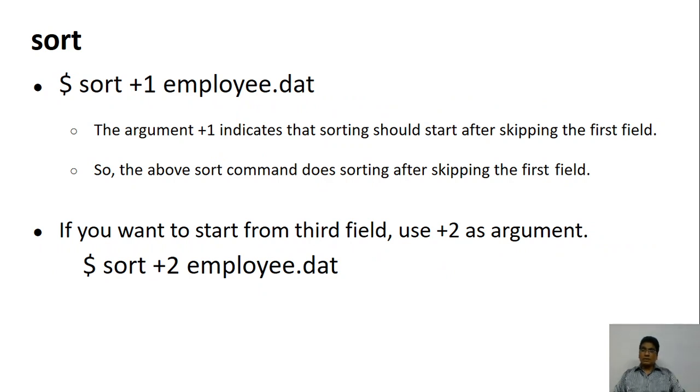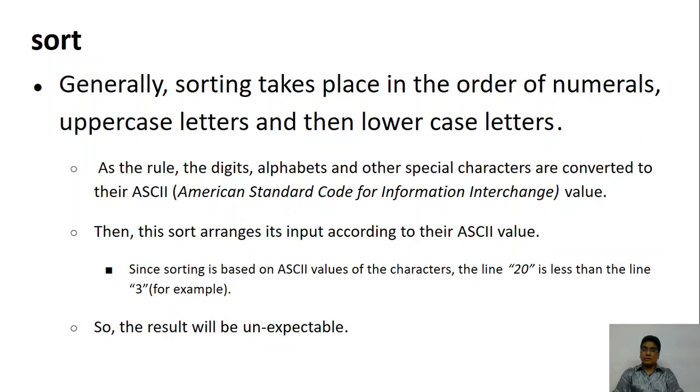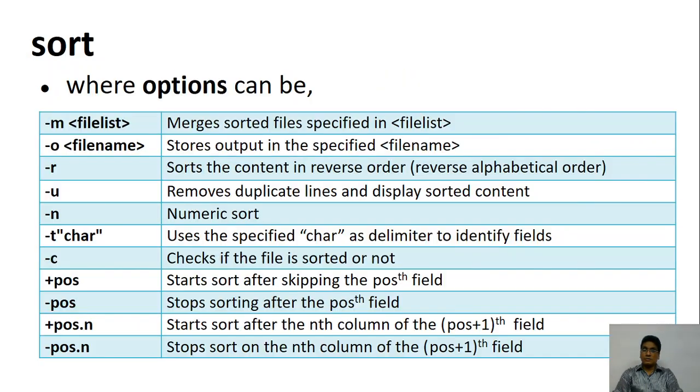I don't have that option over here. You can notice in this particular slide, if I go back I can show you. If the character is different, you can specify minus t to specify which delimiter is being used.